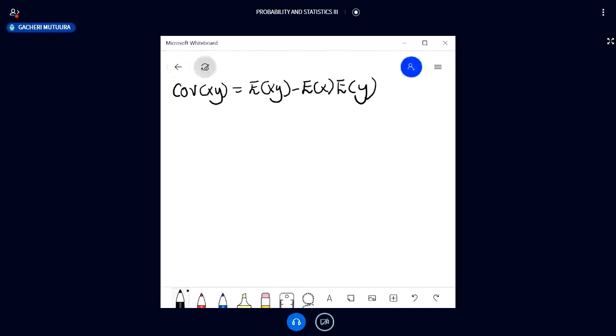Recall from your notes, because I can see we computed the expected value of xy and we got 6 out of 28. Check from the last class when we were dealing with these expectations.